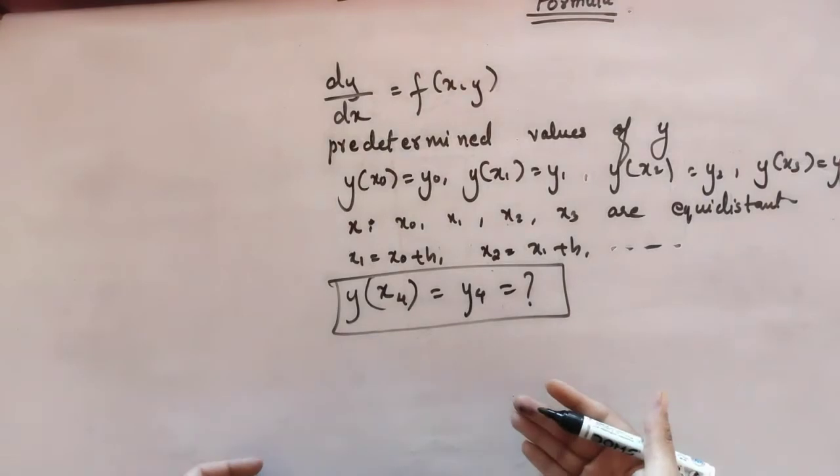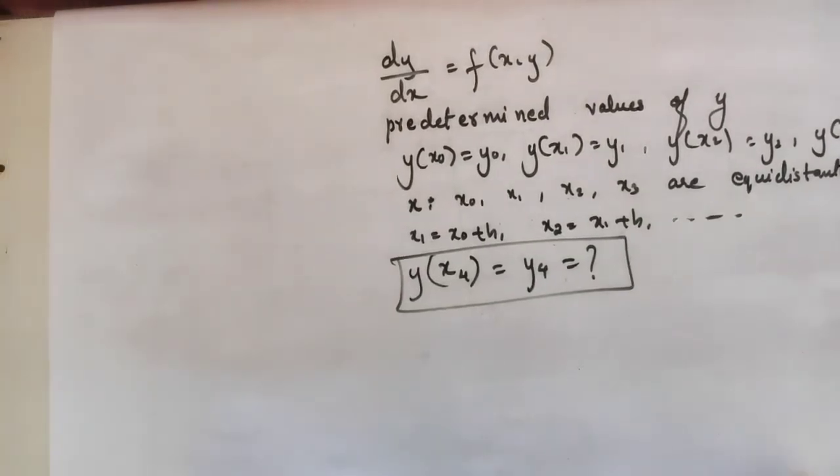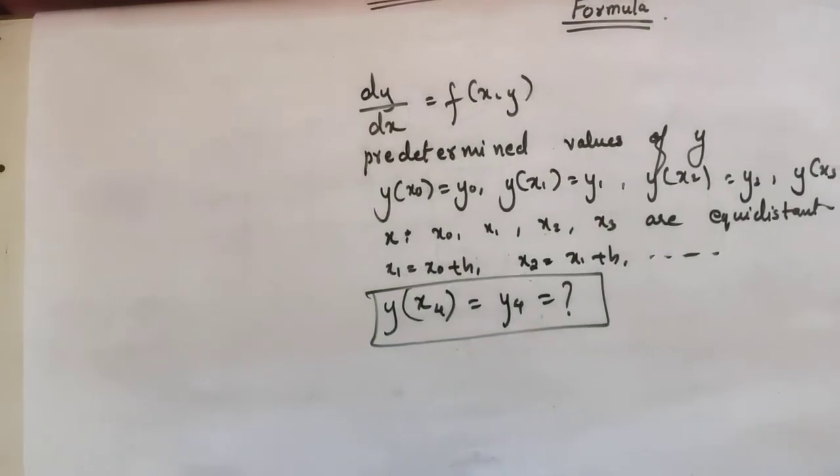One is Milne's predictor corrector formula, and the other is the Adams-Bashforth predictor corrector formula. You will learn both. These are direct formulas, with no proof. You just need to memorize the formulas and use them in problems as you did with the RK method and Euler's method. So it's not that difficult. If you memorize them, it will be easy to apply and solve your problems.